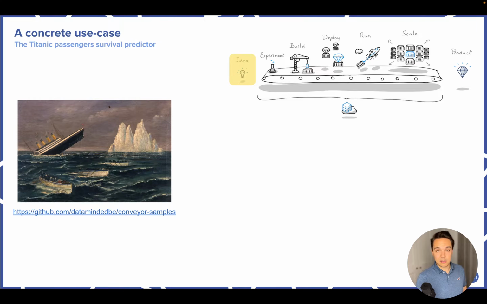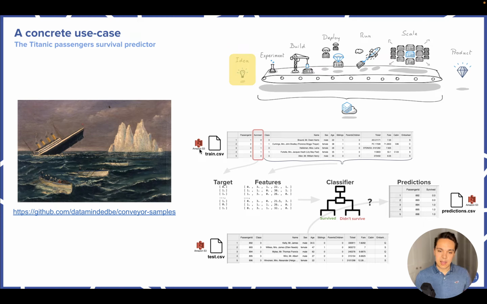How does that look data-wise? Well, it's quite simple. We have a training data set with a bunch of columns. In this case, we would extract the target feature, which is dying or not, with the feature columns, which are things like the age, profession, ticket number, various features about the passengers.